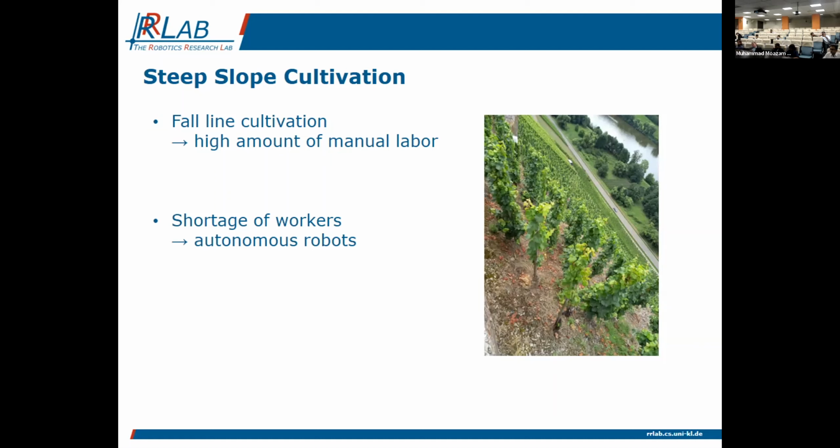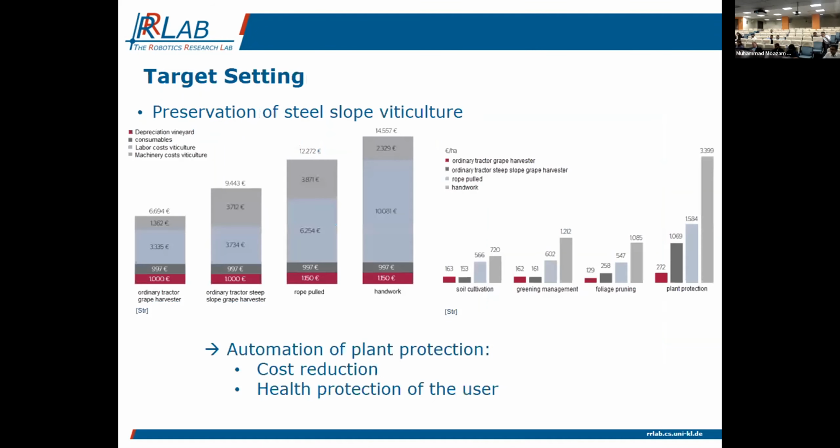This means you have a much higher amount of manual labor, and in Germany we have a shortage of workers, and the only possibility to still do the work in these vineyards is to use autonomous robots.